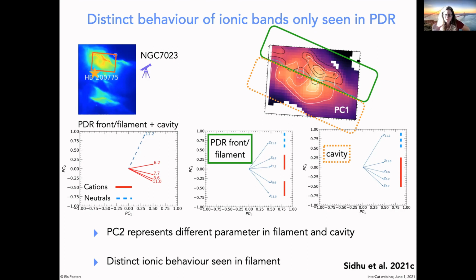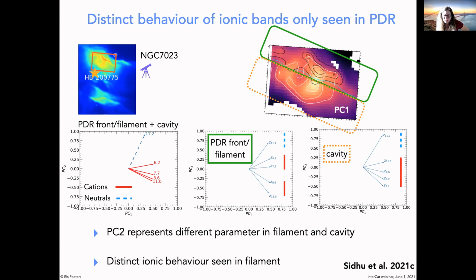So we divided the reflection nebula into the PDR front or the filament in the green box, and the cavity, so surrounding the star, there is a low density area, which is referred to as a cavity. We did the analysis of these two distinct regions separately. We found that we do see this distinct behavior of the ionic bands very clearly in the PDR, but it's not present in the cavity.